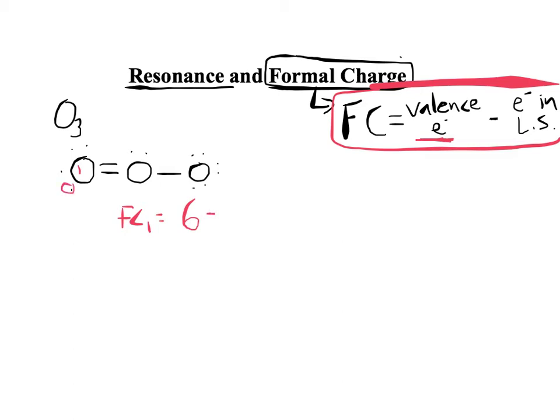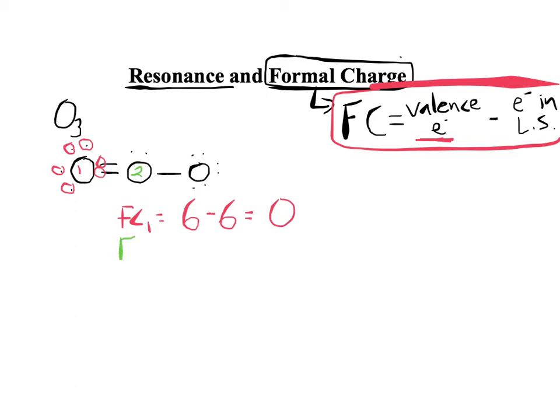Well, there is 1, 2, 3, 4. Now the only difference here is we just care about the electrons that could be on that atom alone, so 5, 6. Each bond counts as 1, not as 2. So this atom has 6 electrons in its Lewis structure, so the formal charge on this atom of oxygen is 0.